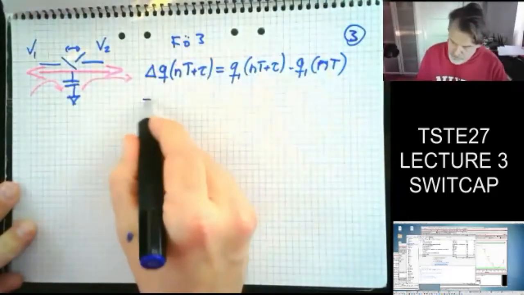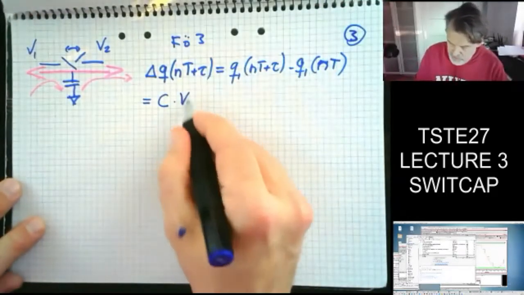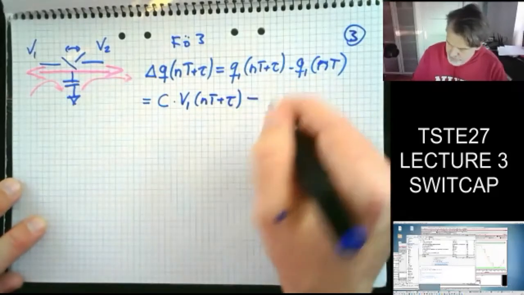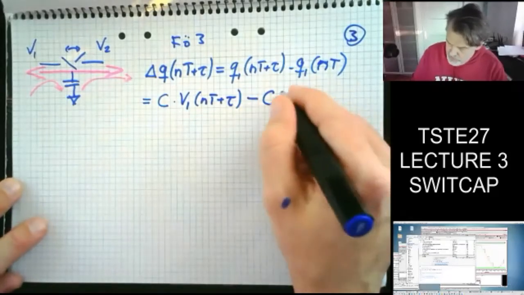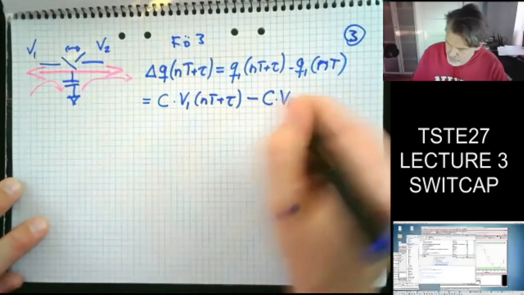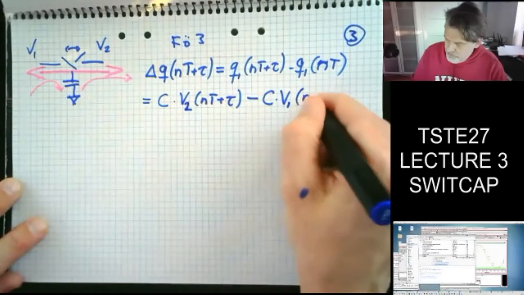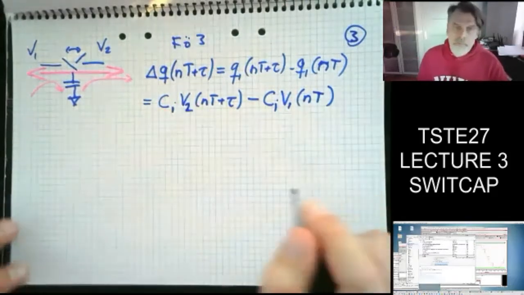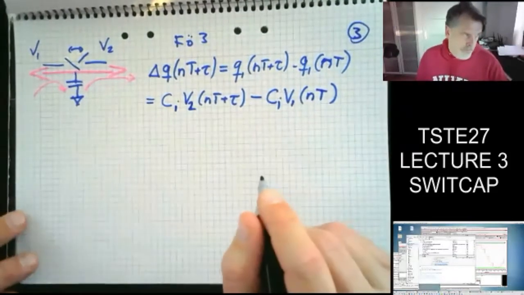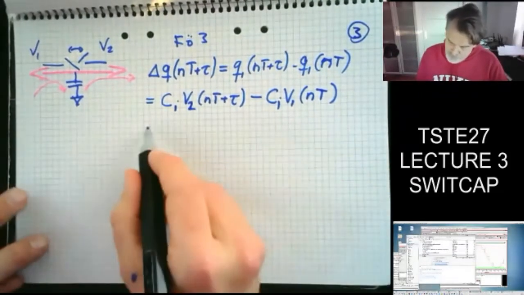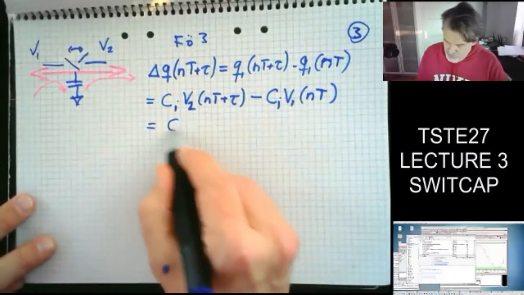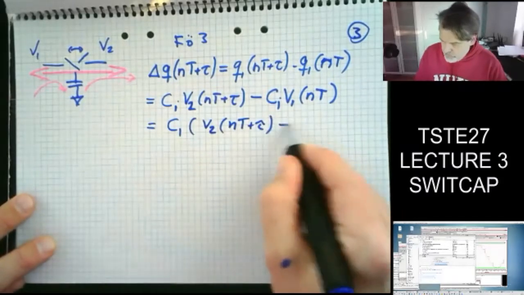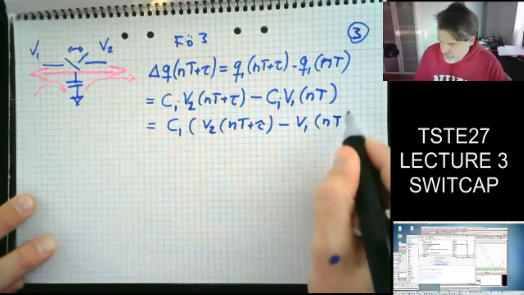So I know that this is going to be equal to C times V1 of nT plus tau minus C times V1 of nT, C1. Okay. And then, if I want to, I could pull out C1 here, like this.